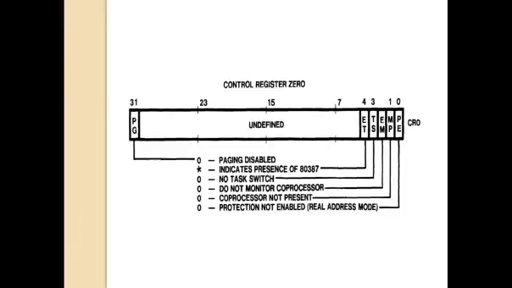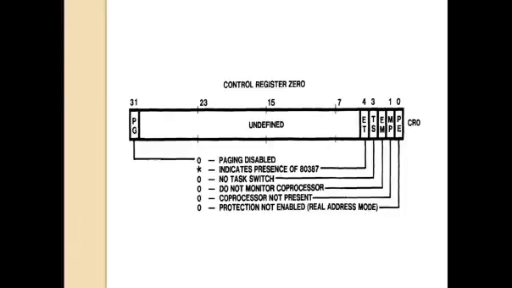Then the LSB is PE, protection enable. The protection enable is a bit used in the real address mode. If it is 0, it means protection is not enabled, and in real address mode there is no protection for the instruction set, so any instruction can be executed in real address mode. So whenever we execute any application, it is executed in protected mode, that means PE is 1.